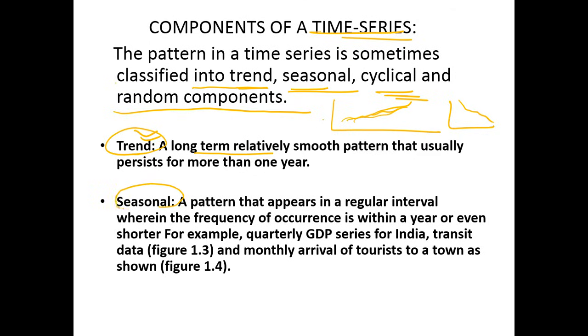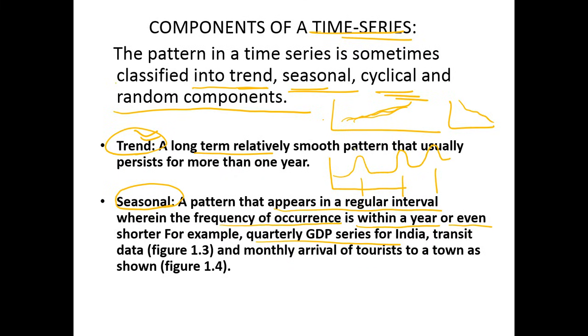And then we have seasonal. A seasonal pattern is something that appears at regular intervals, wherein the frequency of the occurrences is within a year or even shorter. For example, quarterly GDPs, or maybe sales. Seasonal could be sales data: every December there is a peak because December is the holiday season, right?